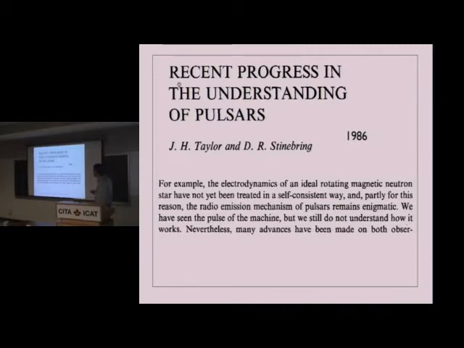And in fact, observers were complaining that understanding of pulsars is hindered by the fact that the previous slides were words rather than precise calculations. So they complained that electrodynamics was not treated in a self-consistent way, even 20 or 30 years after the original papers were written.